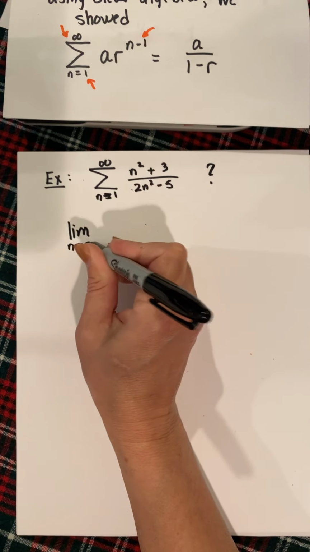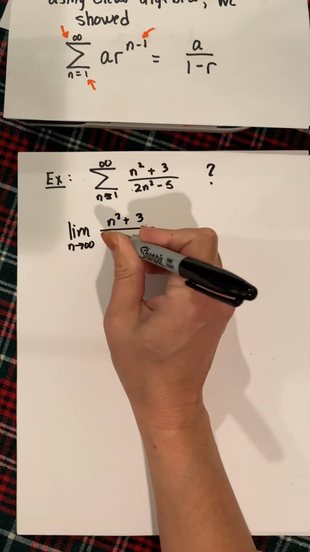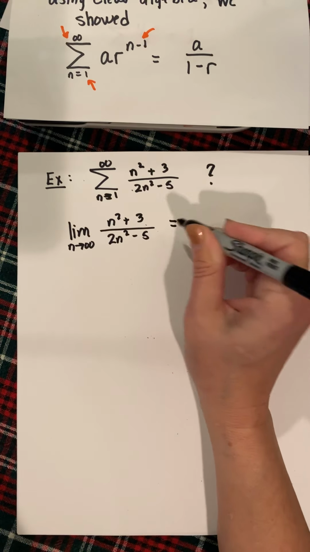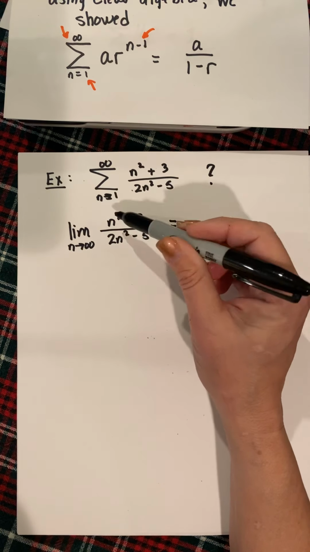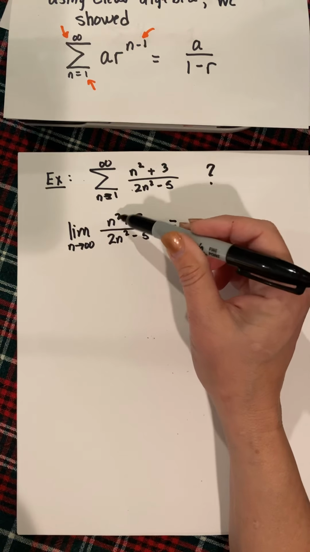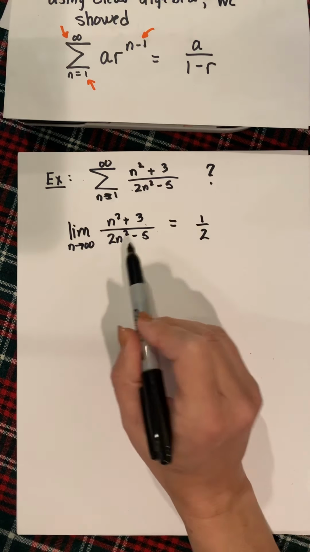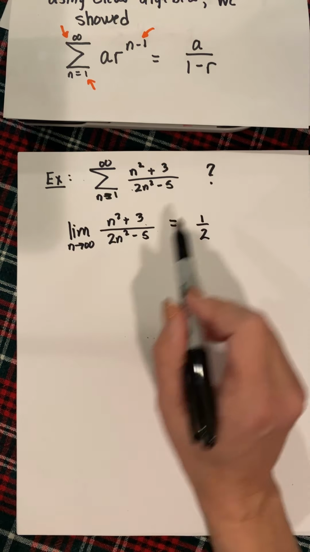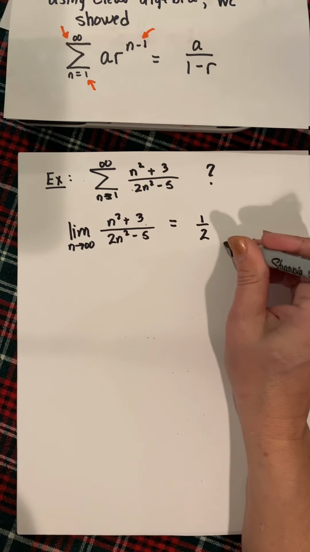Let's take the limit as n goes to infinity of (n squared plus 3) over (2n squared minus 5). We can treat sequences like their corresponding functions, and as n goes to infinity, we have a second degree over a second degree. This limit is 1/2. Now, because this limit is not 0, I can conclude by the test for divergence that this corresponding series diverges.